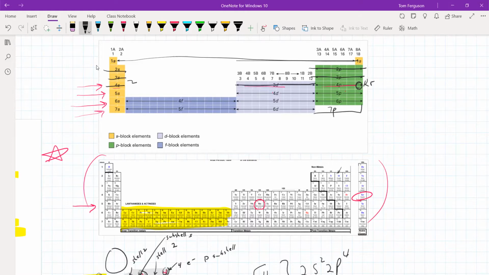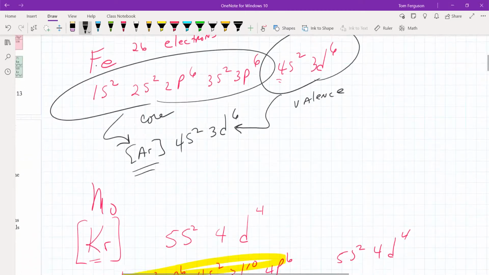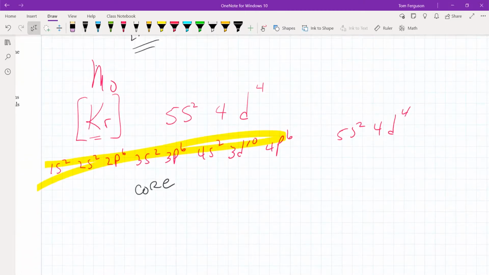Now there are 10 spots in the d's, and 14 in the f's. And then 4p6. That's how I came up with krypton.